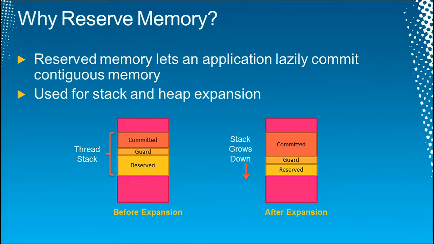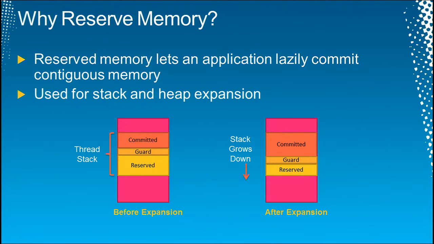The addresses need to line up sequentially. But I don't know for sure how big that data structure is going to get. What I can do is allocate the minimum size and then reserve a chunk of virtual memory that I think the data structure might grow to. And then as the data structure grows, I just commit chunks of it.